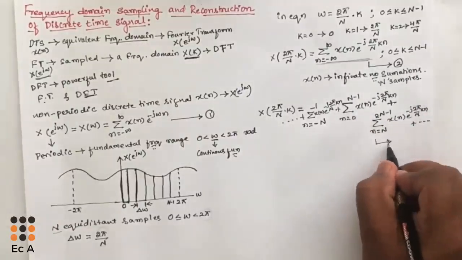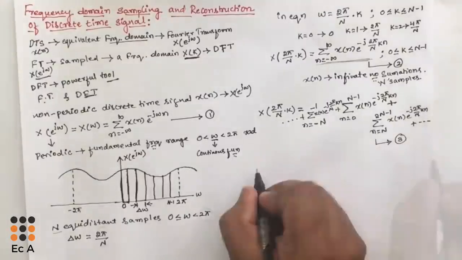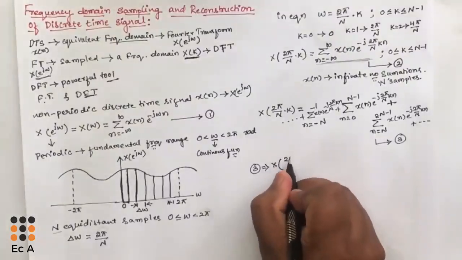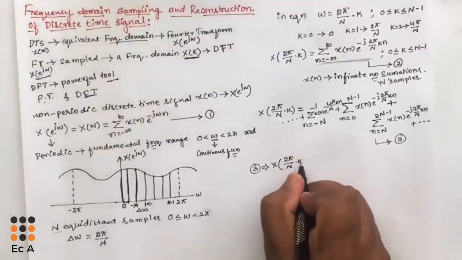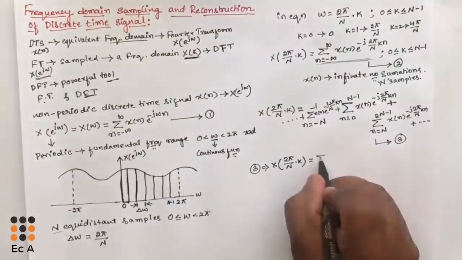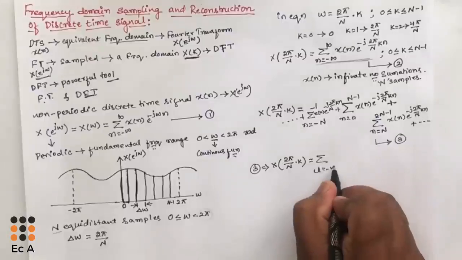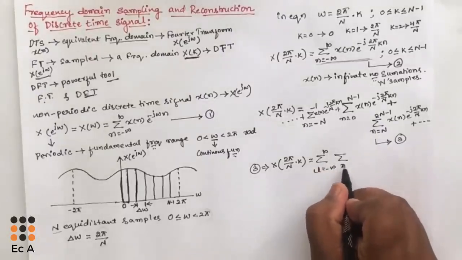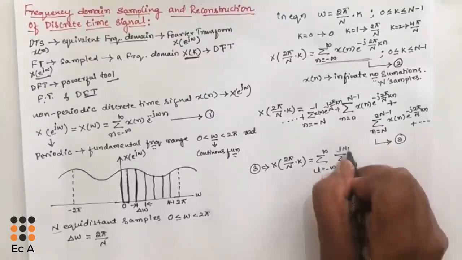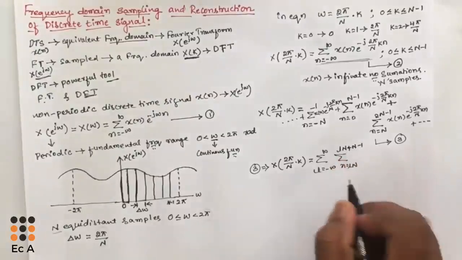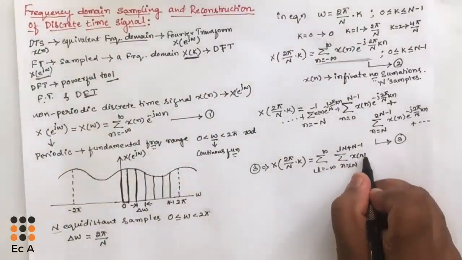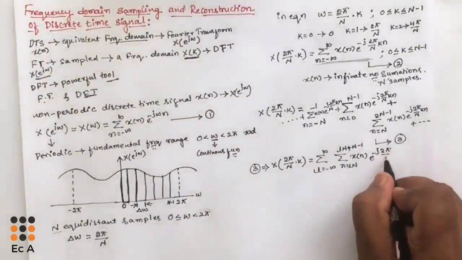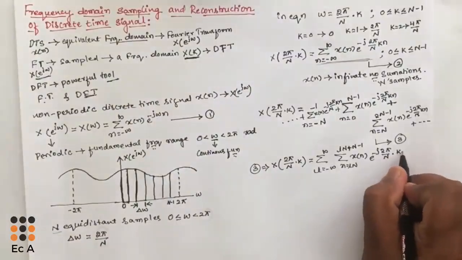Let us take this equation as equation number 3. Equation 3, I will write it as X of 2 pi by N into k is equal to summation of L is equal to minus infinity to infinity, summation of n is equal to LN to LN plus N minus 1 x of n e to the power of minus j 2 pi by N into kn.